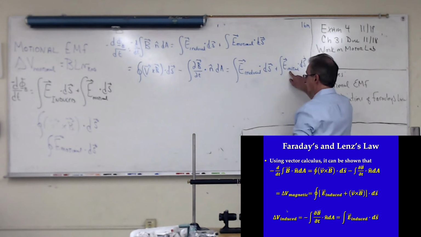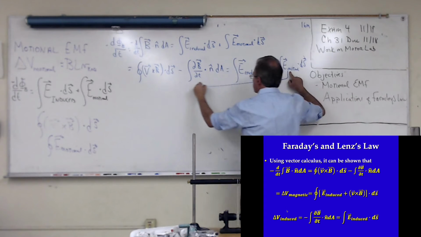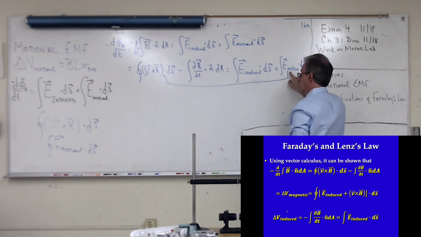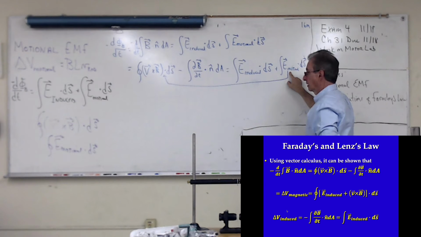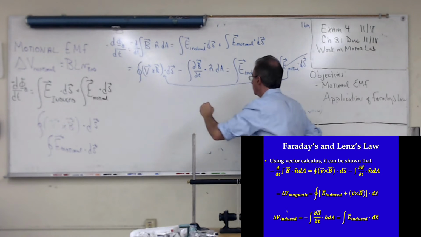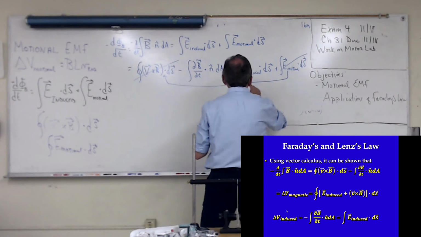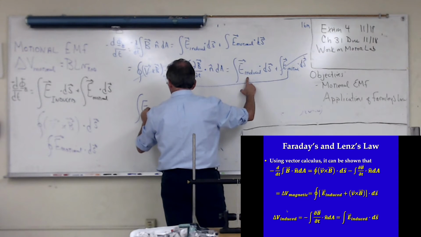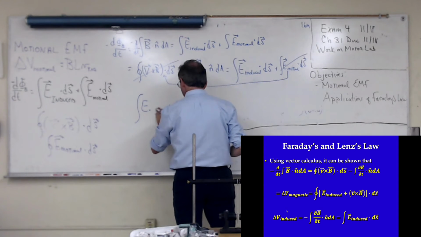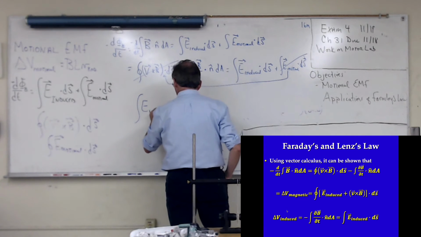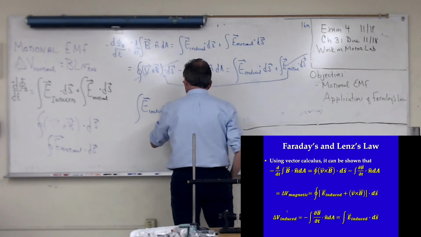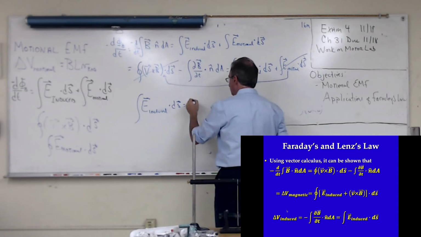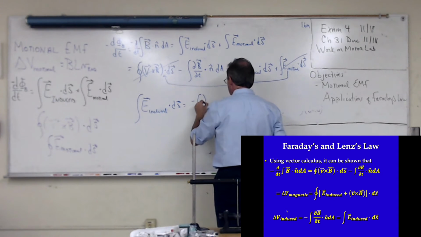Now, this is the same as this. Okay, so these two cancel out. And this shows that the integral of E induced dot ds is equal to minus the integral of the partial of B with respect to t.